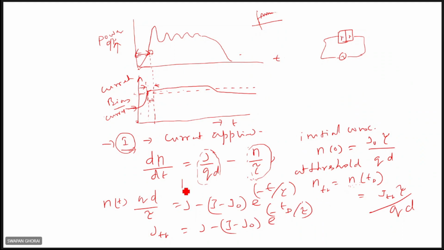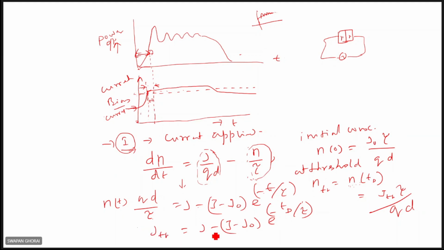Now, this can be solved with an integrating factor, which is very simple, or by using Laplace transforms. You will get N(t) qd/τ = J − (J − J0) e^(−t/τ). At threshold, N(t) will be N threshold, with t equal to TD.